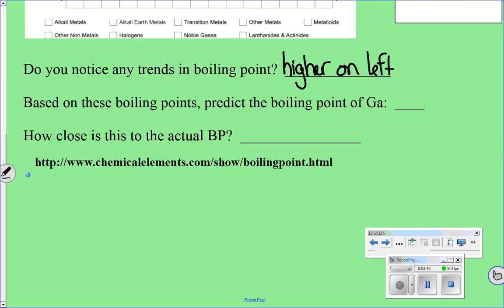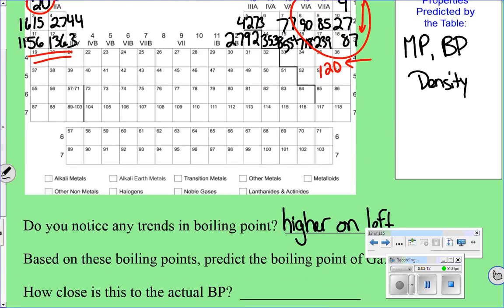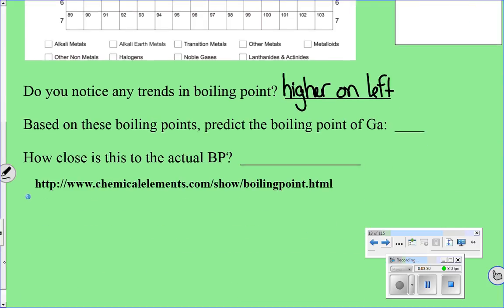Gallium's another prediction that we could make. So if I went and looked at gallium, keep in mind gallium is number 31. So gallium is right here. If I wanted to make a prediction about gallium's boiling point, it's a little bit tricky based on some of the other numbers that I have, but you'd probably make a prediction that it would be somewhere around, I would say, maybe 2,000 to 3,000, based on the ones that are around it.